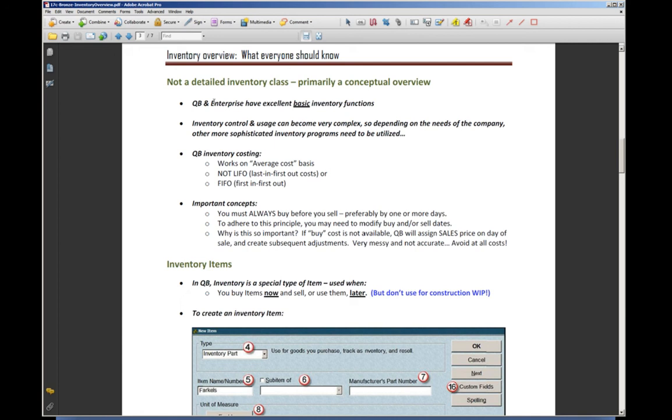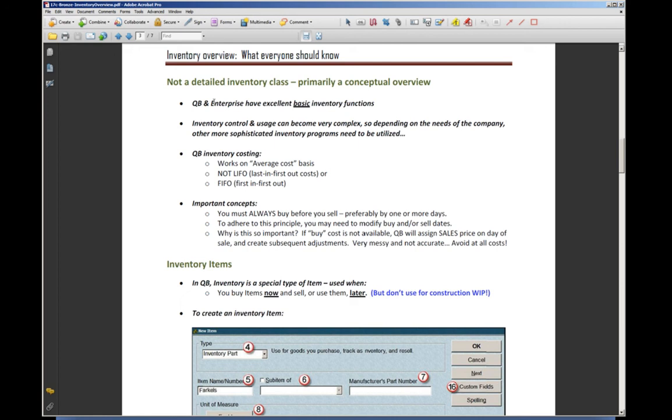QuickBooks inventory costing, the way that costs ultimately end up in your profit and loss, is based on what they call average cost. So if you purchase a whole bunch of items today at $1 a piece, and tomorrow you purchase a bunch more at $1.50, and you bought equal quantities, when it's time to move items out of inventory, it's going to be pulling them out at the average cost that you paid.